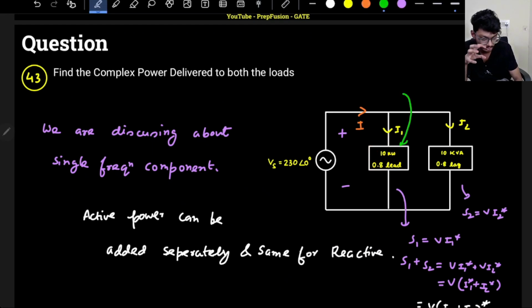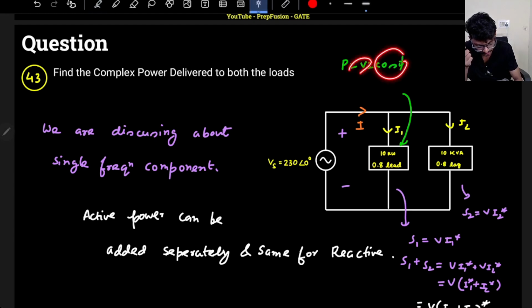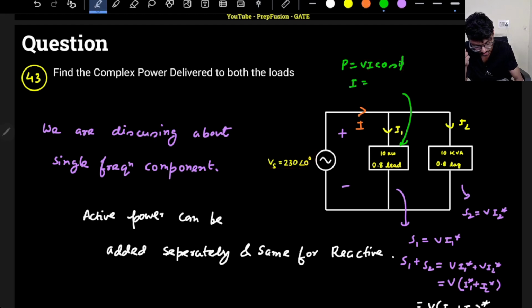This load is consuming 10 kilowatt of power at 0.8 lead power factor. I know P is equal to V I cos phi. I know cos phi, that is 0.8. I know V, that is 230. I know P, that is 10 kilowatts. So from here you will be able to find out I. Also, magnitude of S is equal to magnitude of V into magnitude of I. From here also you will be able to find out the value of I.